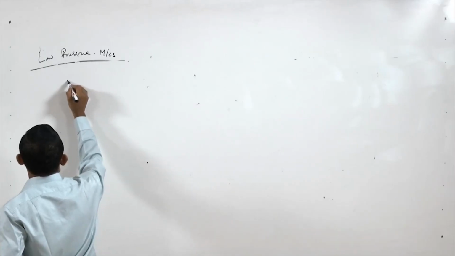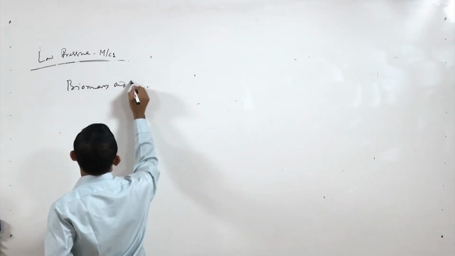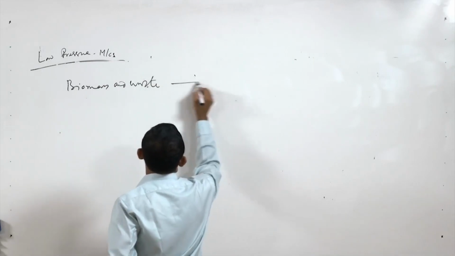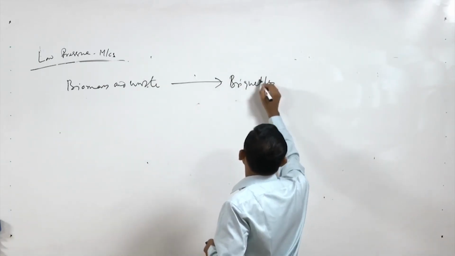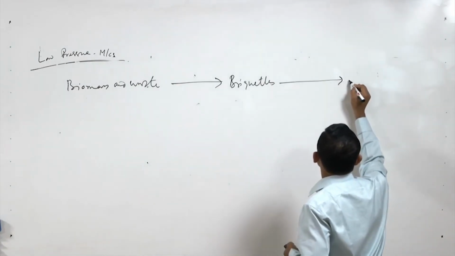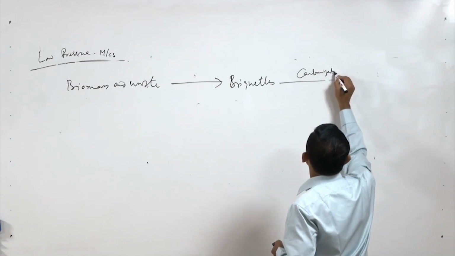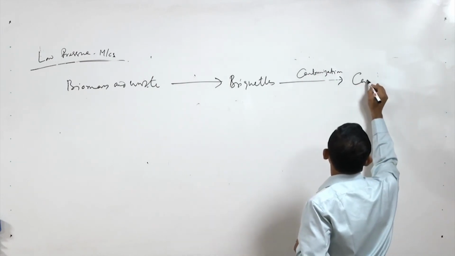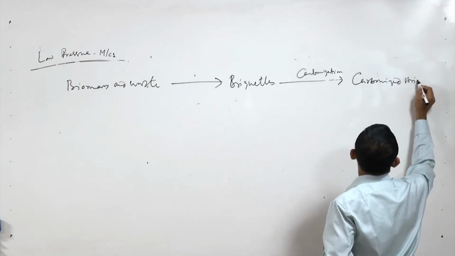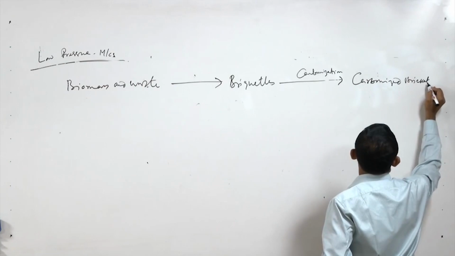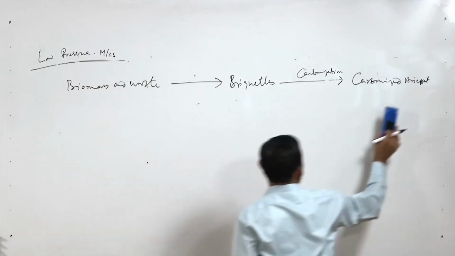So, one option: biomass and waste, we can make briquettes, then carbonization, carbonized briquettes.